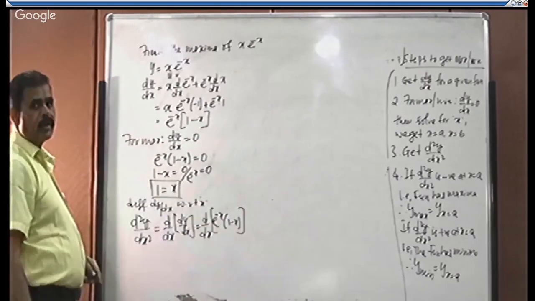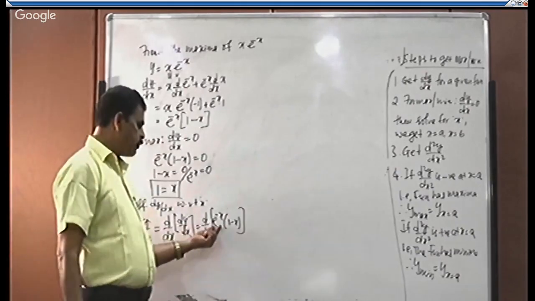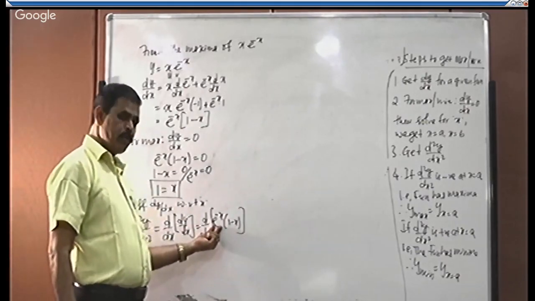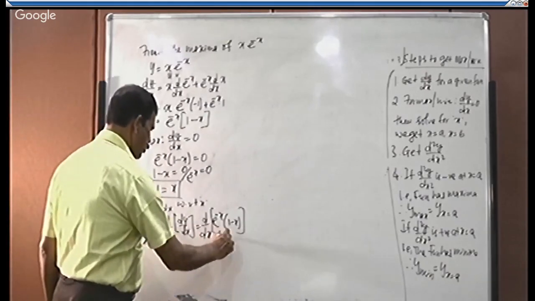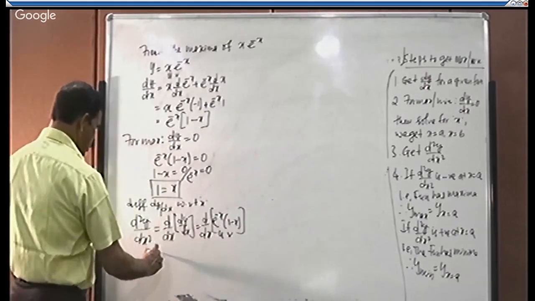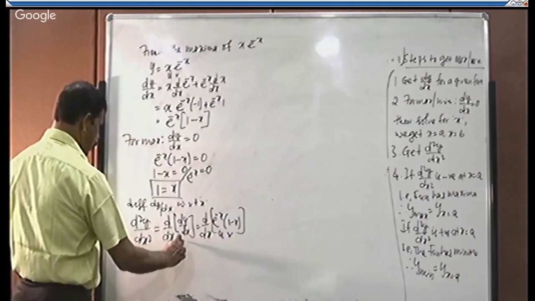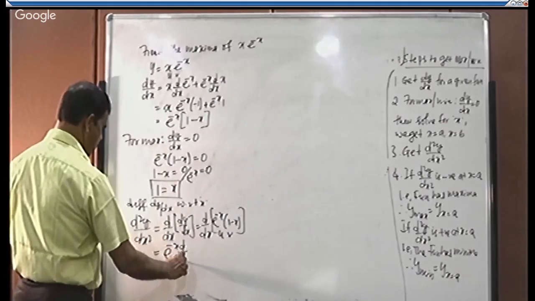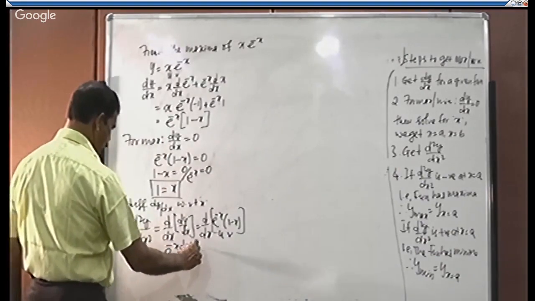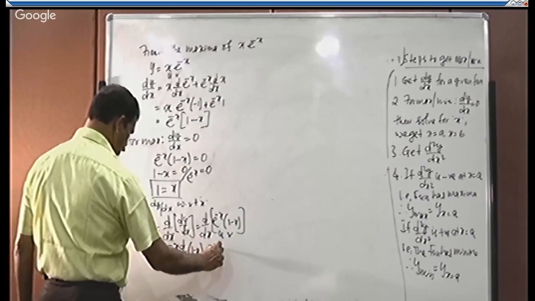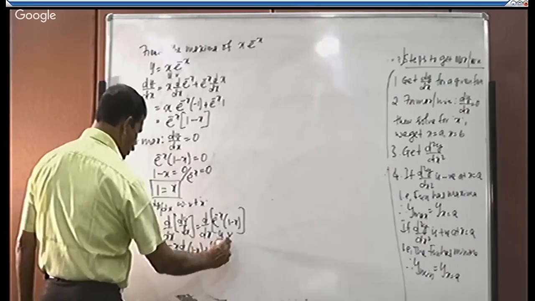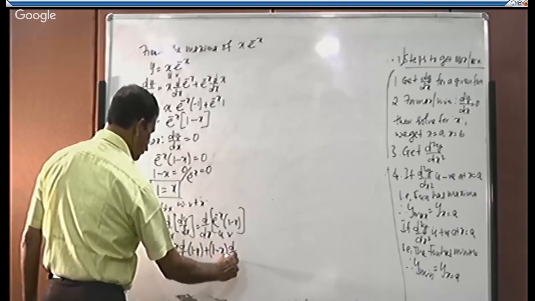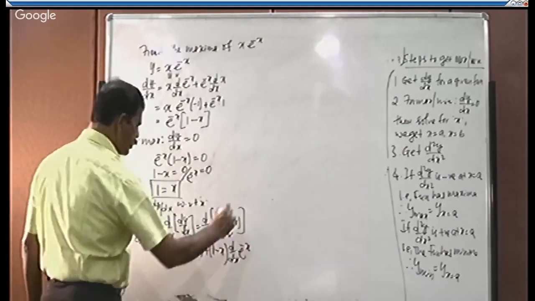How to differentiate this? Again, it is a product of two factors, e power minus x and 1 minus x. Use the product rule, u into v: e power minus x into d by dx of 1 minus x, plus 1 minus x into d by dx of e power minus x.